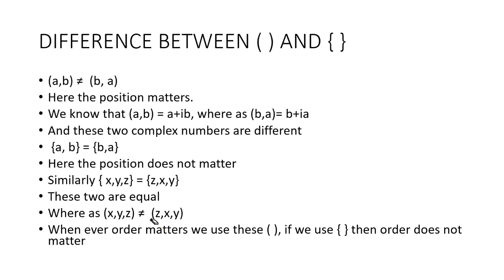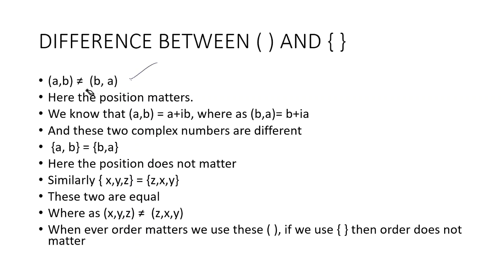Before understanding permutations and combinations, we have to understand the basic difference between ordinary brackets and braces. You may have noticed that (a, b) is different from (b, a), because here the first element is a in the LHS and the first element in the RHS is b. Here the order of the elements matters.